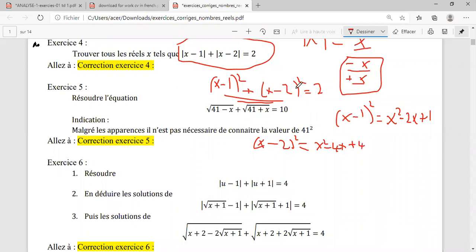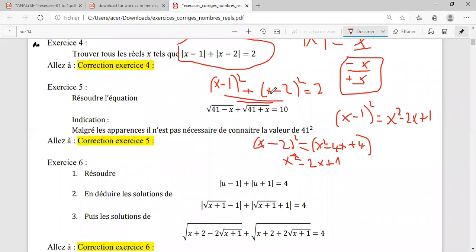So we have this one already found, and that one already found. So we're going to have x squared minus 2x plus 1. And we have a positive here, so we just put this in brackets.